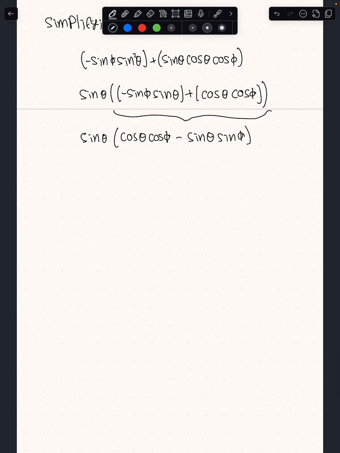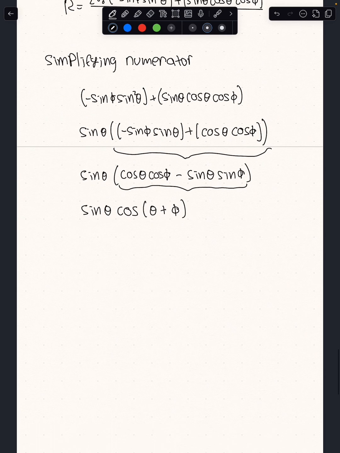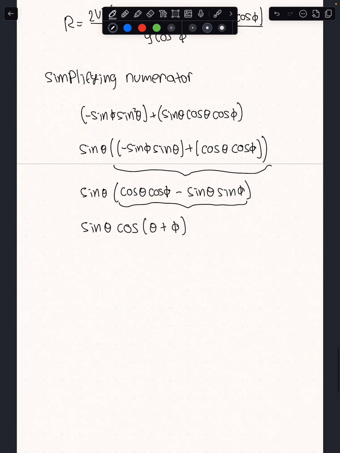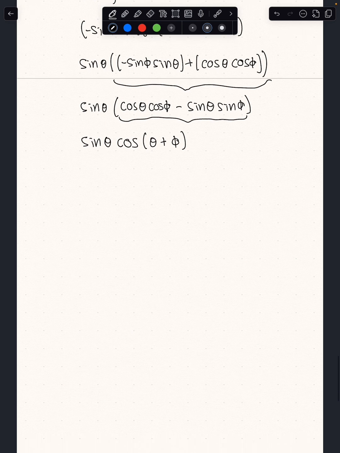And then from a trig identity, this big term in the parentheses just goes to cosine theta plus phi. All right, cool. Now we've simplified the numerator as far as we can go and into something a lot more readable.